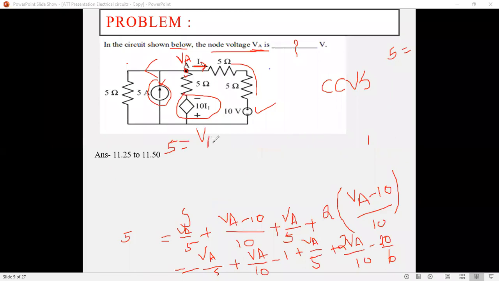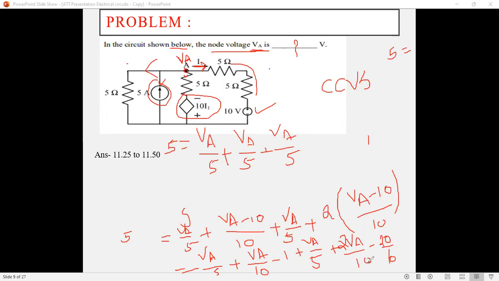VA divided by 5 plus VA divided by 5 plus VA divided by 5, again 2 divided by 10, 2 divided by 10 is nothing but 1 by 5, plus VA divided by 5 plus VA divided by 5.